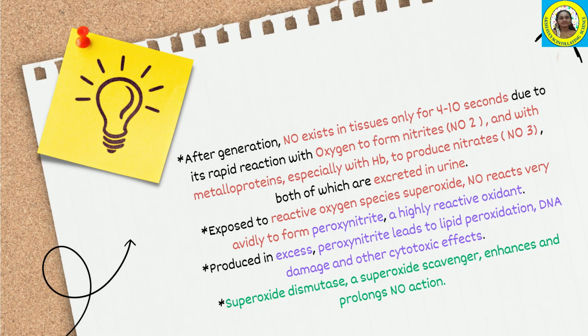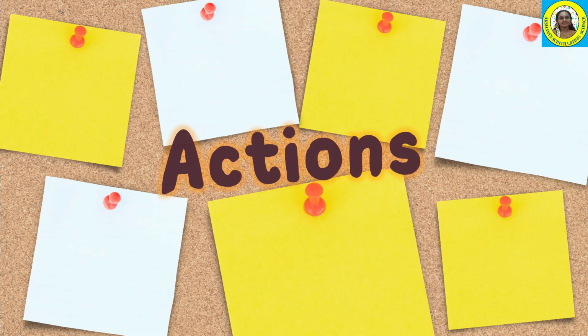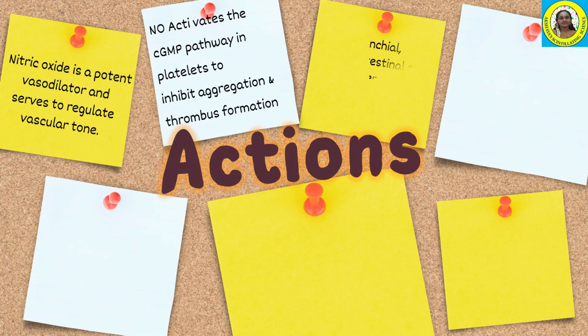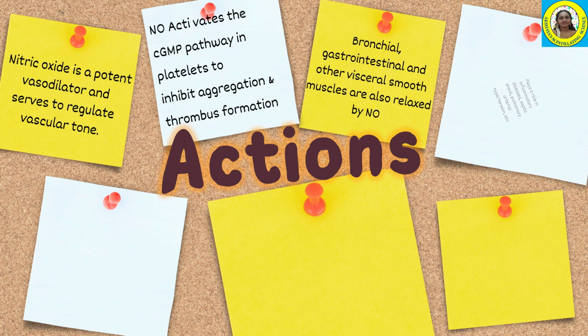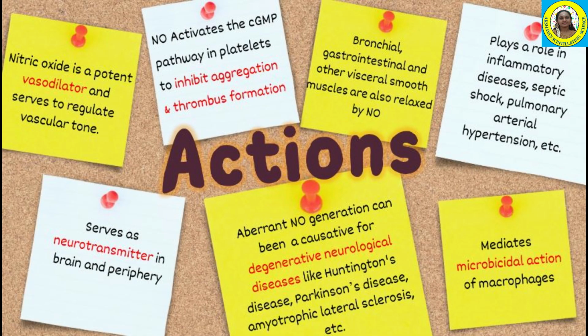Let's have a quick look on the actions of nitric oxide. So the first one is nitric oxide is a potent vasodilator. The second important action is that nitric oxide inhibits platelet aggregation and thus thrombus formation. Nitric oxide serves as a neurotransmitter also.